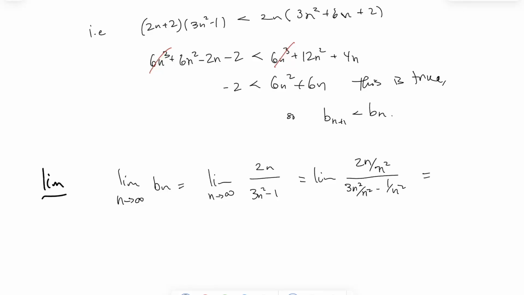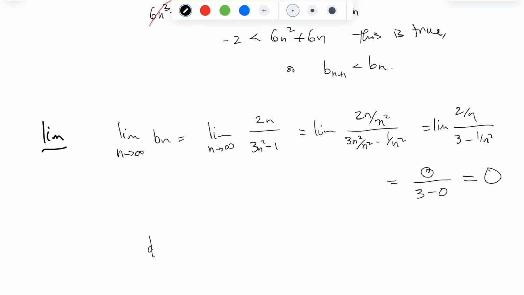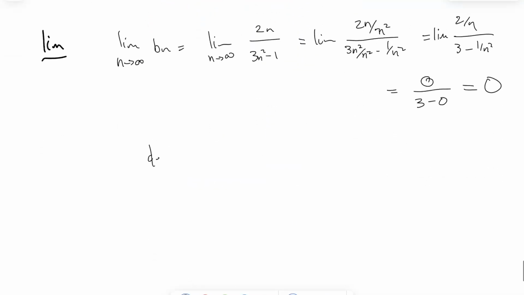This ends up being 2 over n, still inside the limit, over 3 minus 1 over n squared. And then when I do this limit, I get 0 over 3 minus 0, which is 0. And so the limit of the bn's is also 0. All right? So in conclusion, I said decreasing and limit equals 0 means it converges.